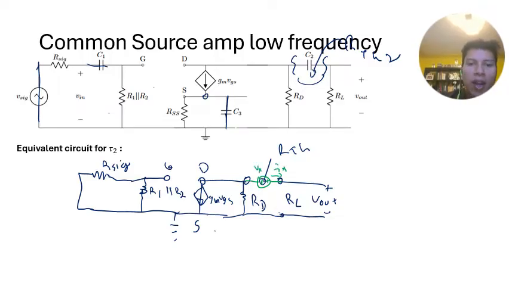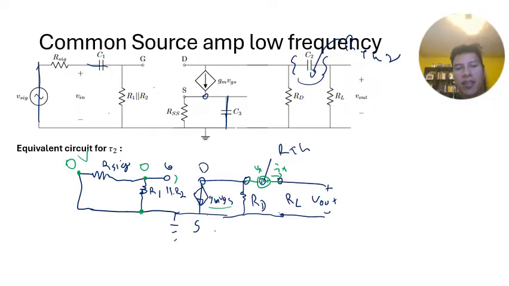So we need to know how much current is actually flowing out of GM VGS. In this particular case, this is grounded, so this is grounded. And notice how here this is open, so there can't be any current flow. So this is actually also 0 volts.